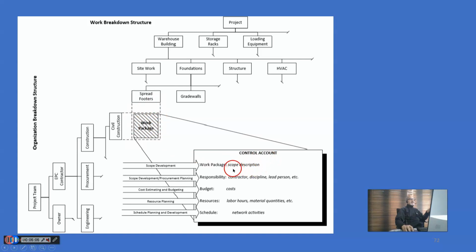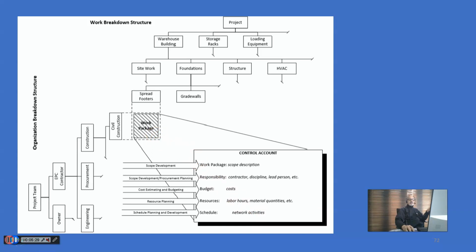Work package scope description comes here. Who is going to perform it? The contractor, discipline, lead person, etc. The budget for it, resources required, and the schedule network activities associated with this particular work package.